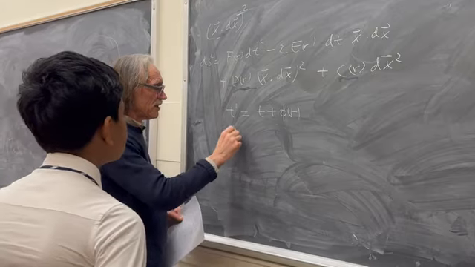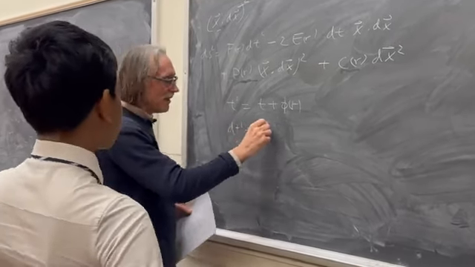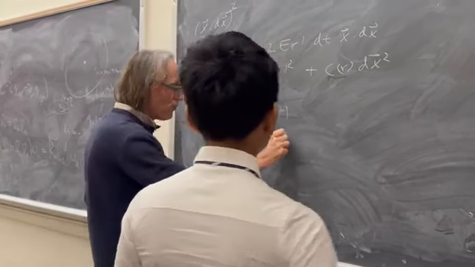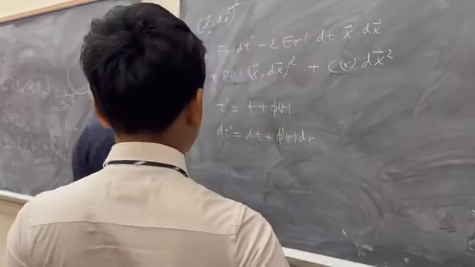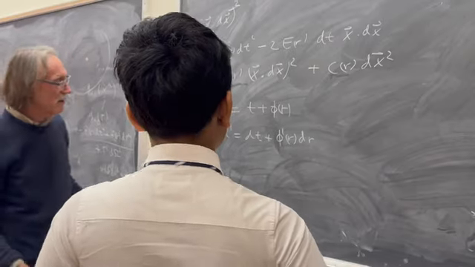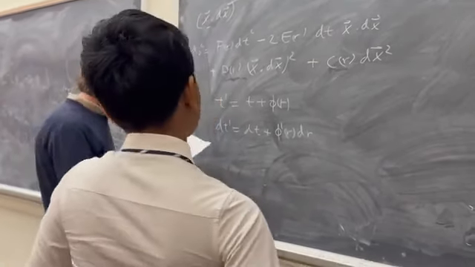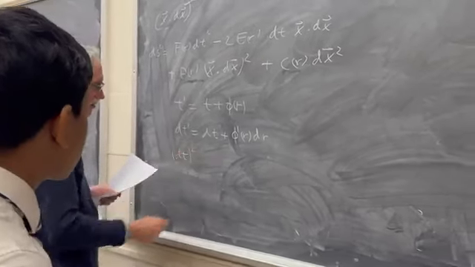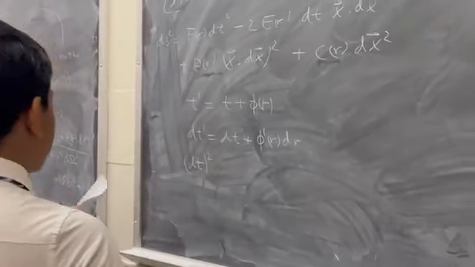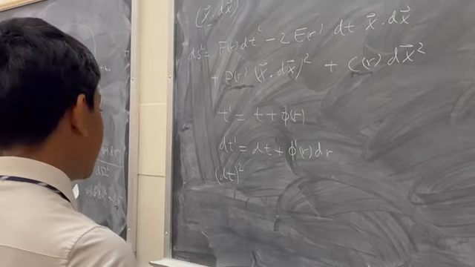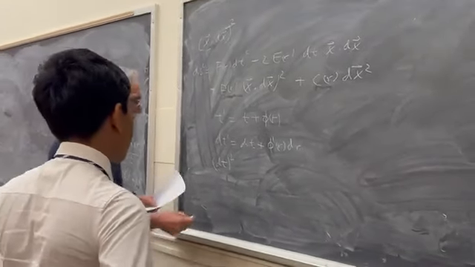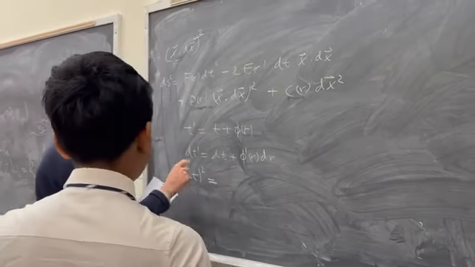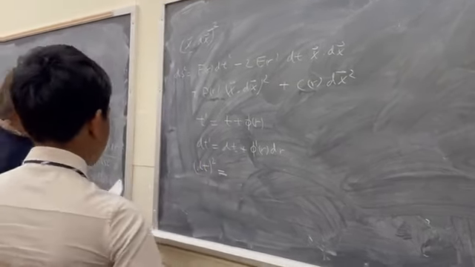So dt prime is then dt plus phi prime of r dr. I want to express everything in the primed coordinates.